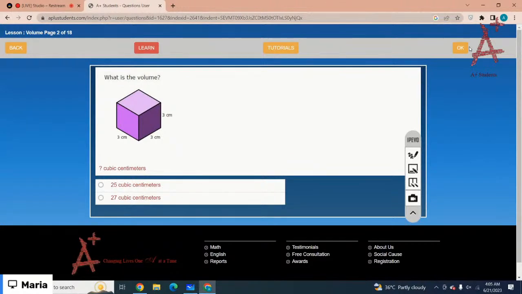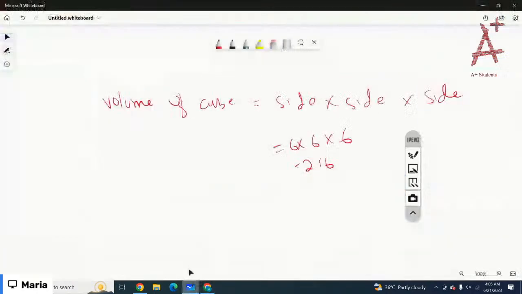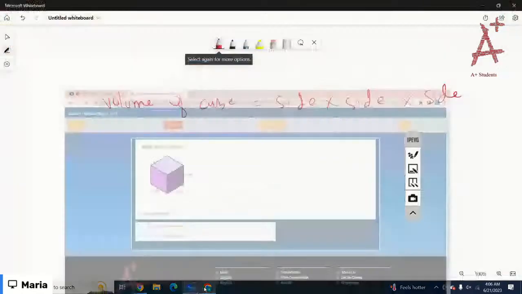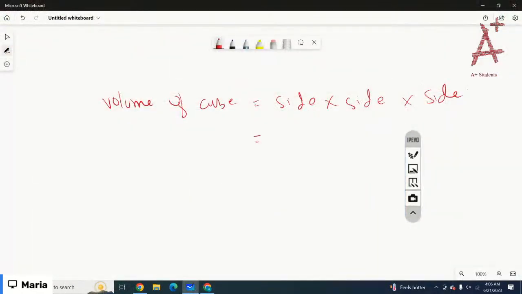Okay, what is the volume? You are given a cube again. You have to calculate the volume. So how do we calculate the volume of the cube? You have to do side times side times side. Got it? So you are given, I think, 4. Let me just see the sides of the cube. Okay, that would be 3. The sides of the cube are 3 times 3 times 3.